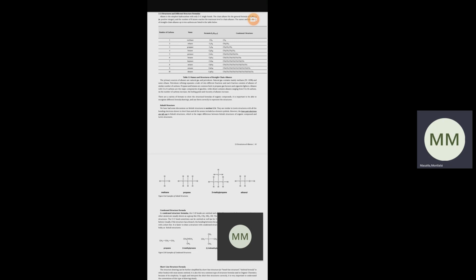The primary sources of these alkanes are natural gas and petroleum. Natural gas contains only methane, which burns with a blue flame. Go and take your gas stove and open it.